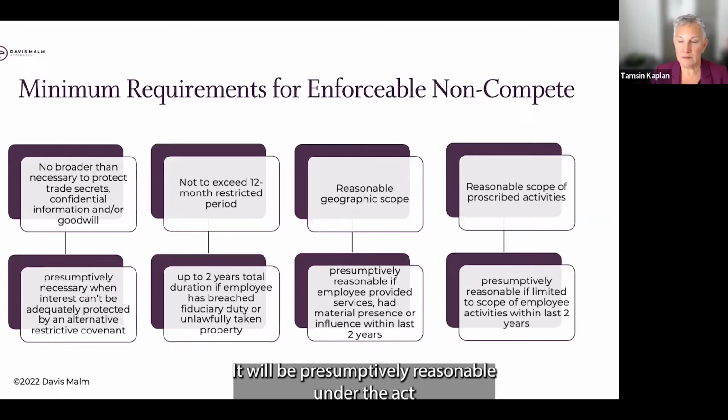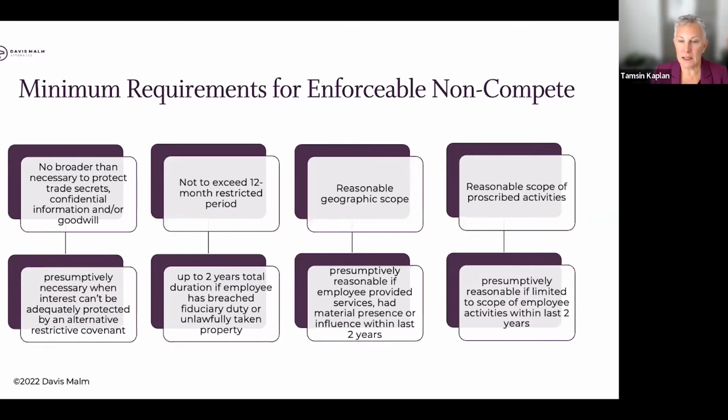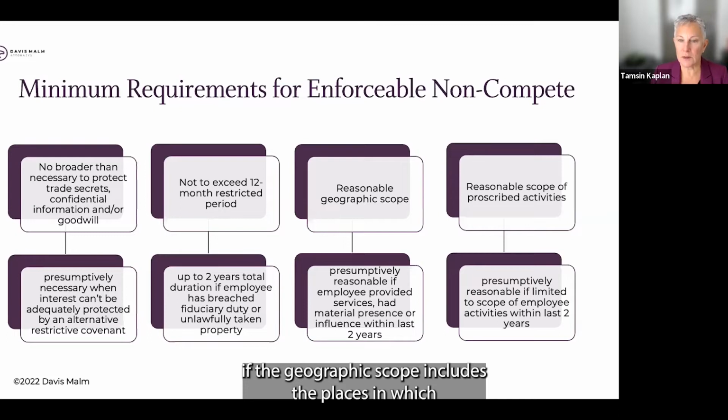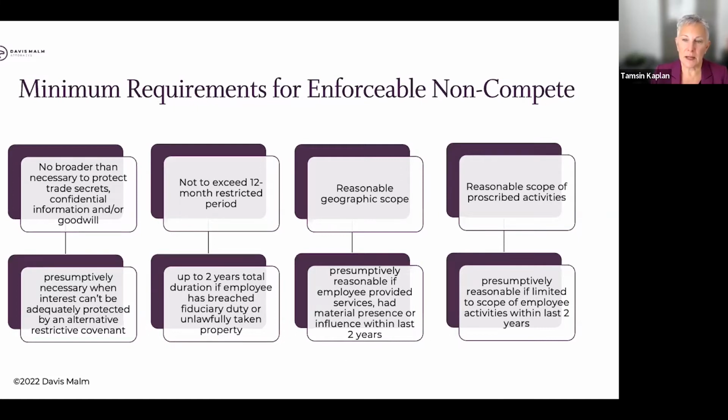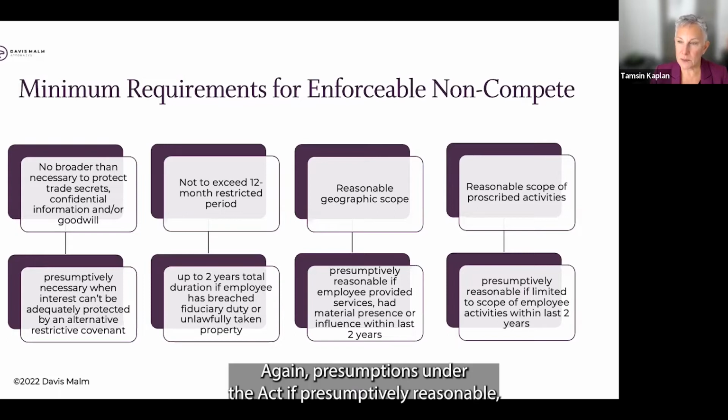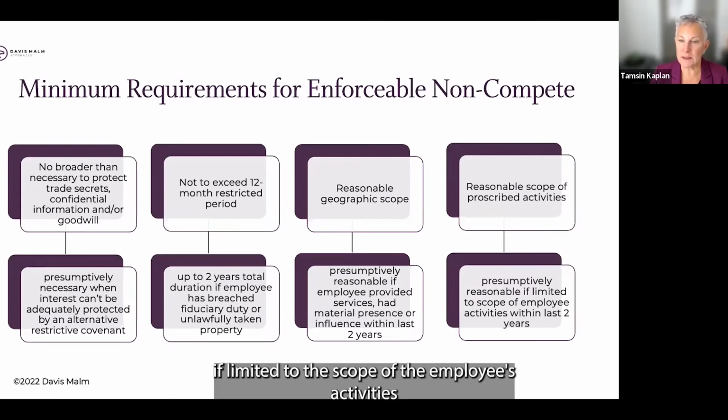It will be presumptively reasonable under the Act if the geographic scope includes the places in which the employee provided services, had a material presence, or influence within the last 2 years prior to separation. And it must be reasonable in terms of the scope of the proscribed or prohibited activities. Again, presumptions under the Act, it's presumptively reasonable if limited to the scope of the employee's activities within the past 2 years prior to separation.